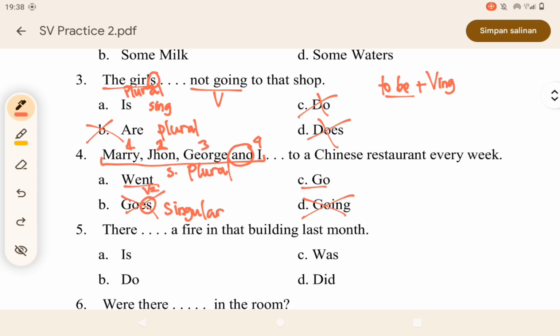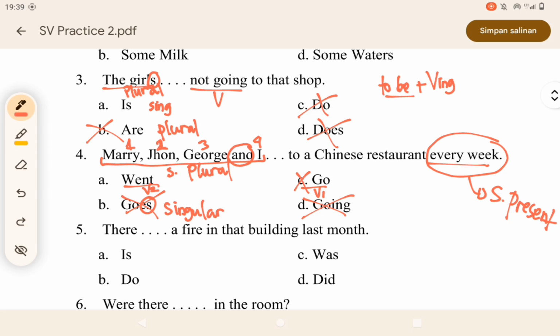Meanwhile, go is the base form. Now, which one do we use for this? We can see the signal or the complement of this sentence is every week. It represents a repeated action, which means supposed to be in simple present. Okay, in simple present, we have to use the base form or the verb one form. That's why go is the best answer.